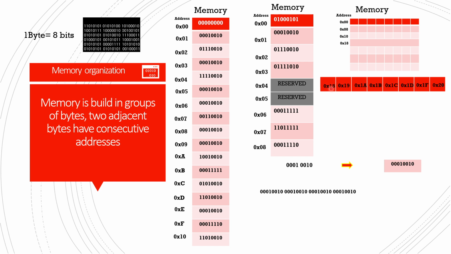That's 8 bits, alright? But what happens if all of these bits, all of these bytes that we have here are to be interpreted as a single data? What we do is to place them in consecutive positions of memory, consecutive addresses.